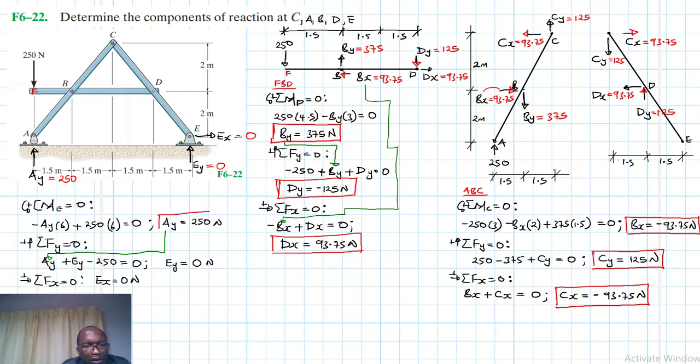We have Ay like so. Okay, and then we have Ey like so. Okay, and then we have Ex like so. Right, how many do we have? 1, 2, 3, 4, 5, 6, 7, 8, 9. Okay, there are 9.